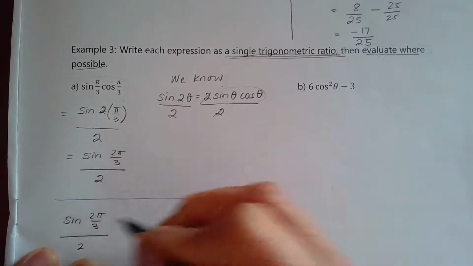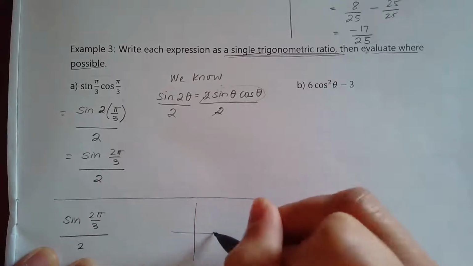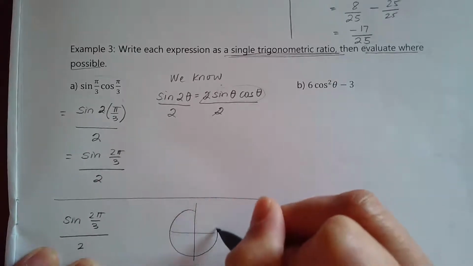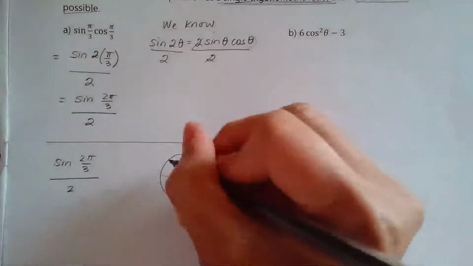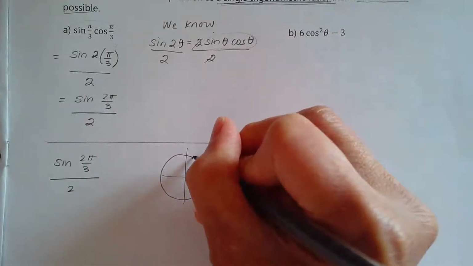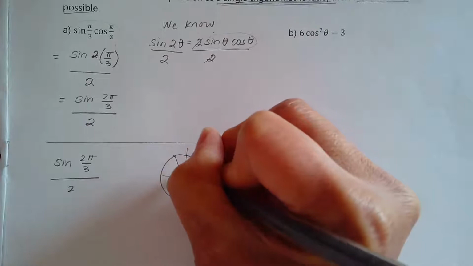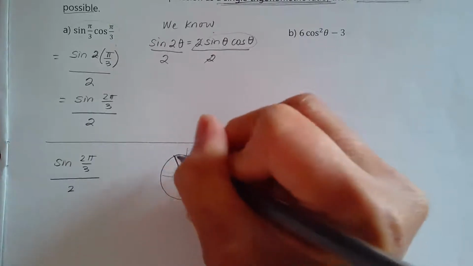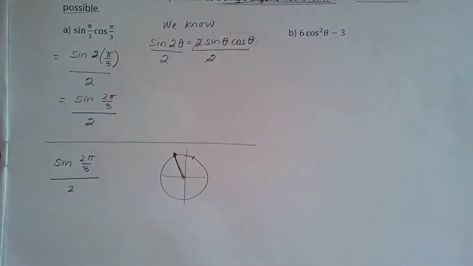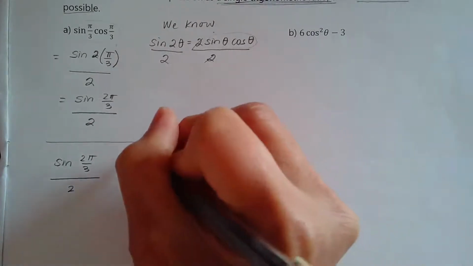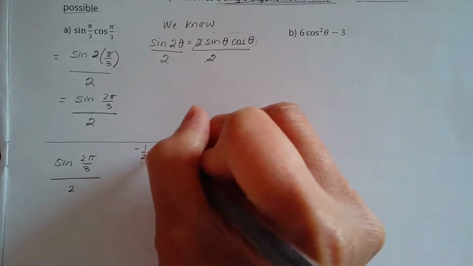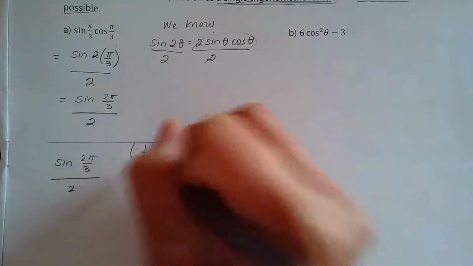over 2. Well, where is 2 pi by 3? We learned that this is pi by 3, and 2 pi by 3 is in quadrant 2. It's one of the special angles. So this is going to be negative 1/2, root 3 over 2.